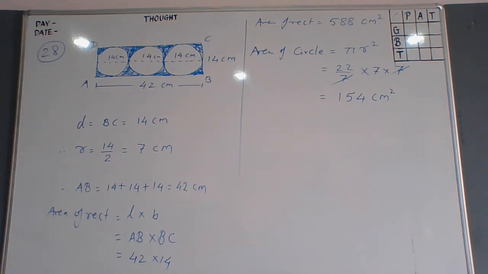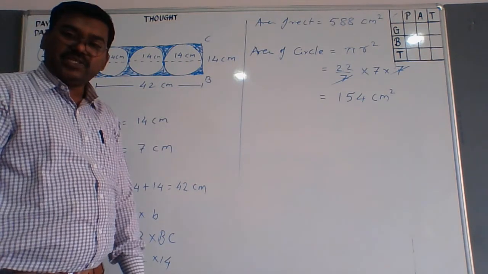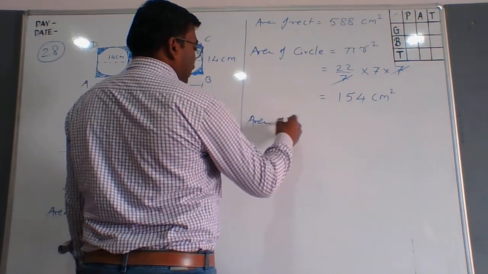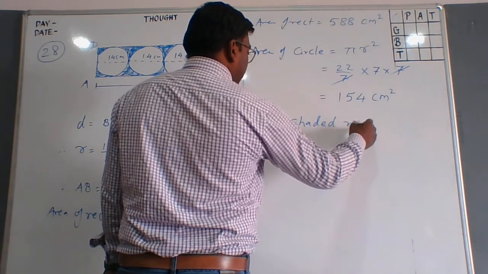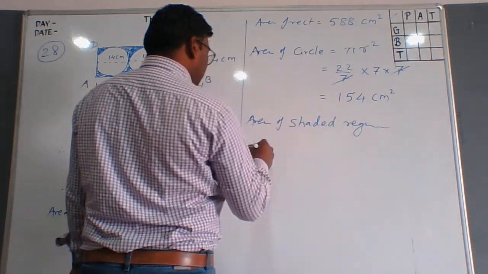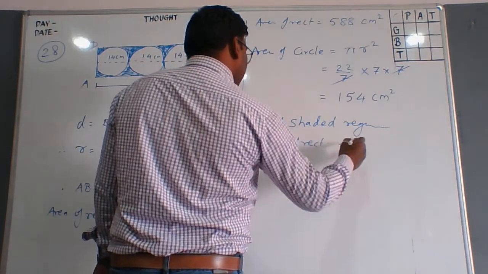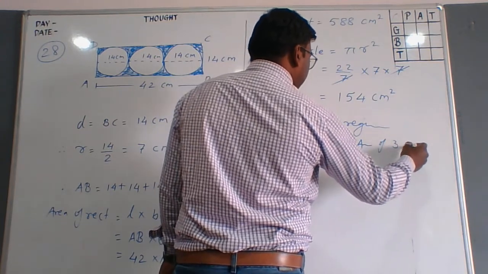Okay. Now let us find out the area of the shaded region. So the area of the shaded region equals the area of the rectangle minus the area of three circles.